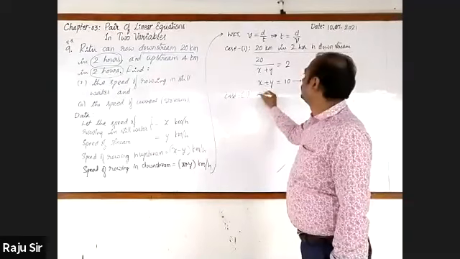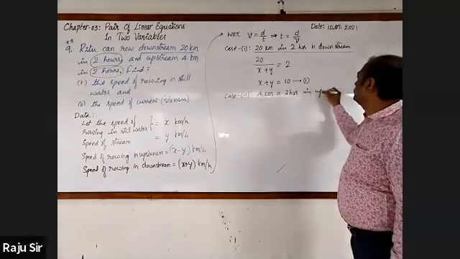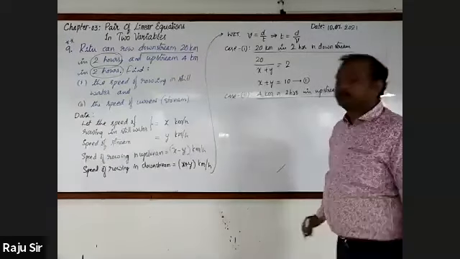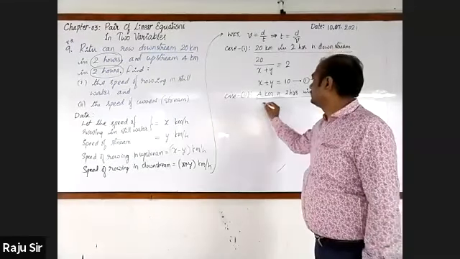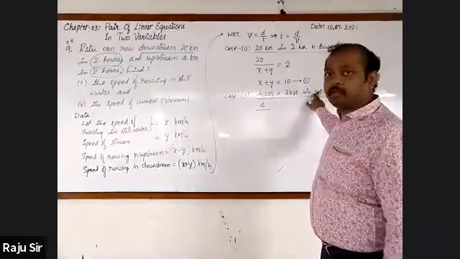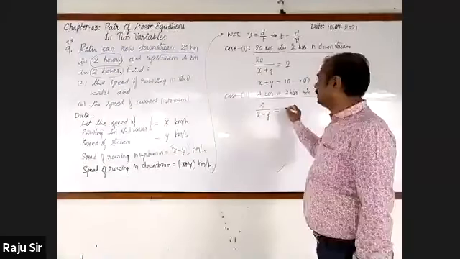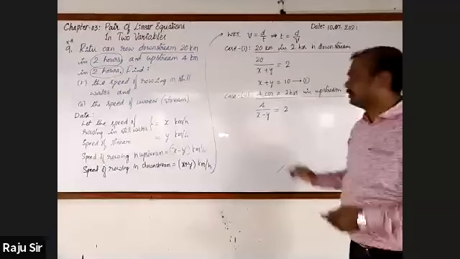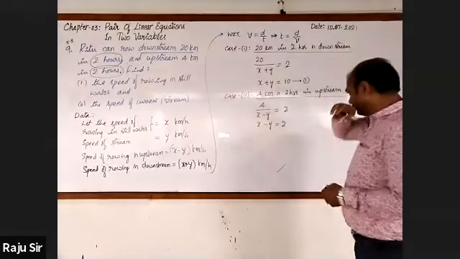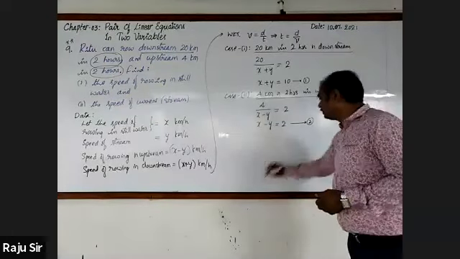The time taken to cover 4 kilometers is 4 by the speed in upstream, x minus y, which equals 2 hours. This can be written as x minus y is equal to 2. You may call it equation 2.